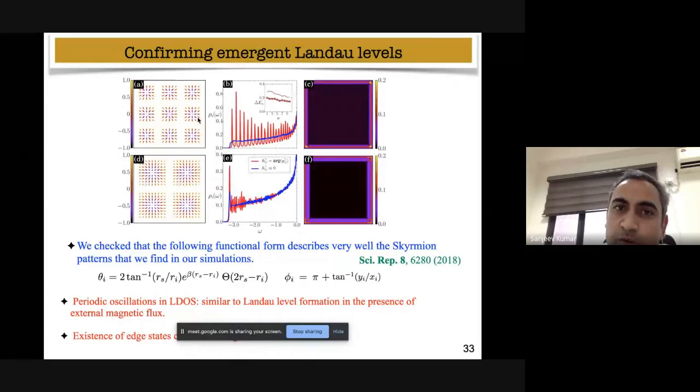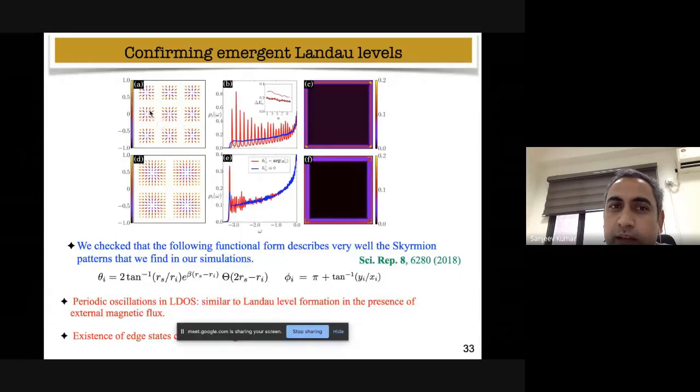And interestingly, what we find is Landau levels. So this density of states actually shows this periodic pattern behavior. And notice that there is no magnetic flux applied in the problem.